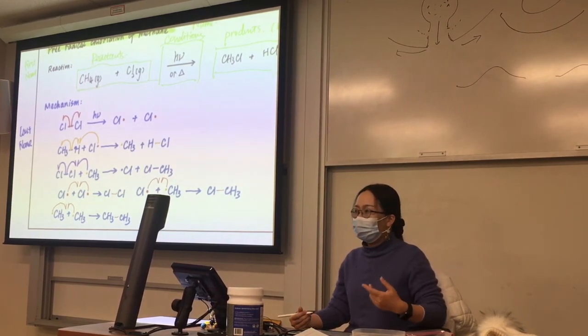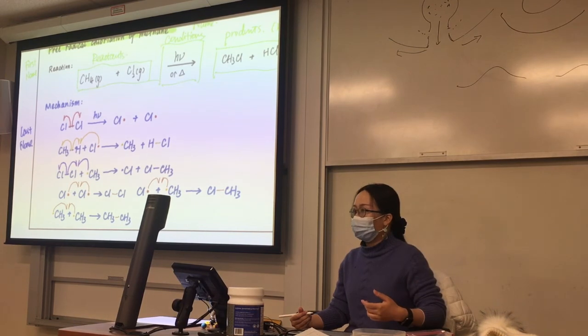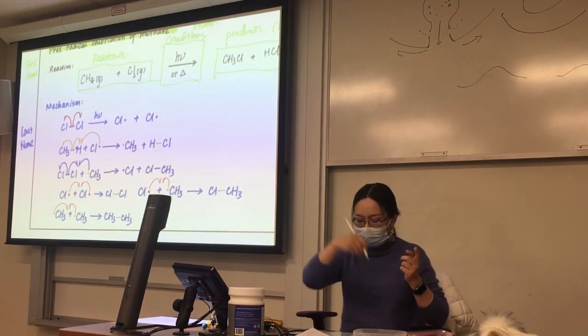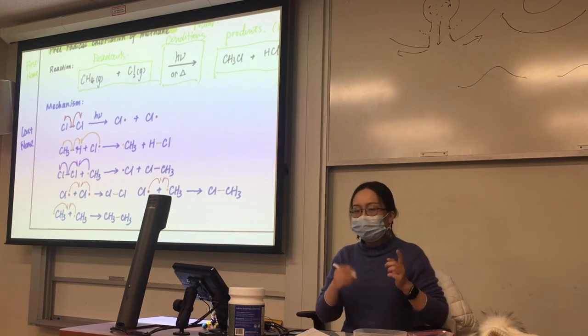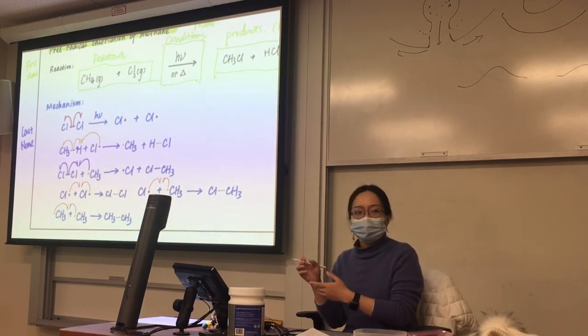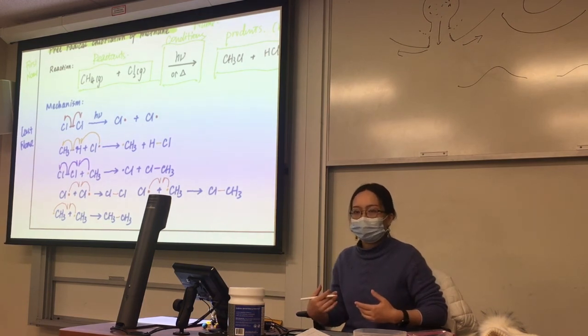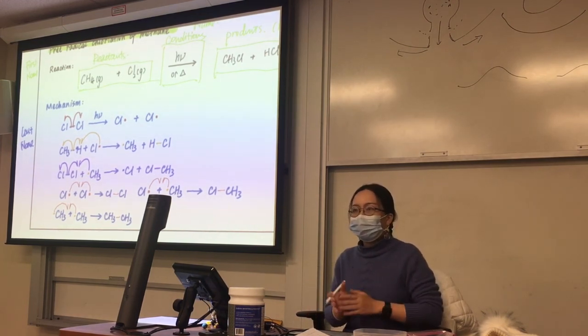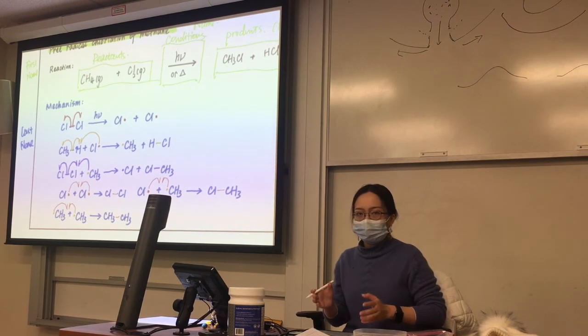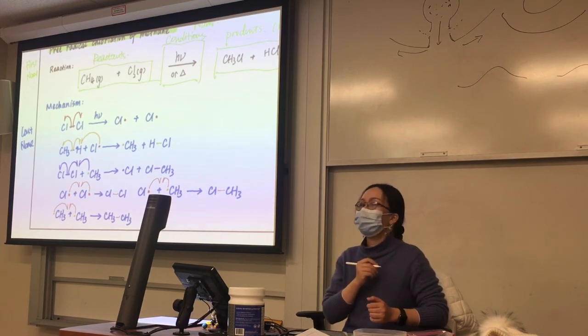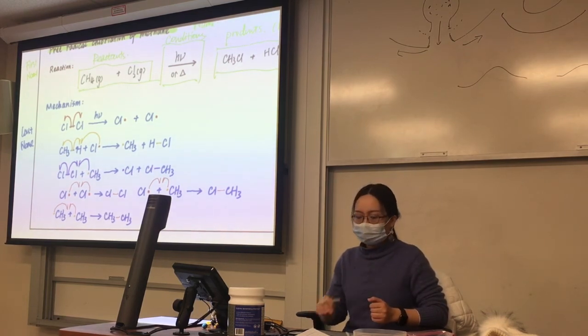I told you there are a lot of small things you should pay attention to: the single-ended arrow, and the position of where the arrow ends. You might lose points on those. So even if you copy and paste from your lecture slides, you can still lose points. That's why I want you all to build the habit from now on of drawing all mechanisms correctly. As long as you know the mechanism, you don't lose points on it. Good? All right.